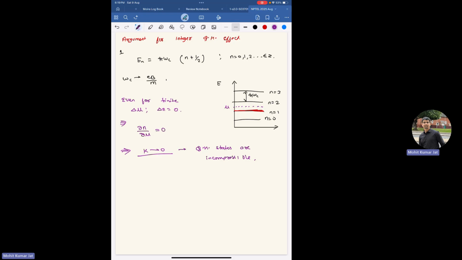That's what it means. Remember, these are the Landau levels. The point to note is that these Landau levels are of bulk and incompressible.